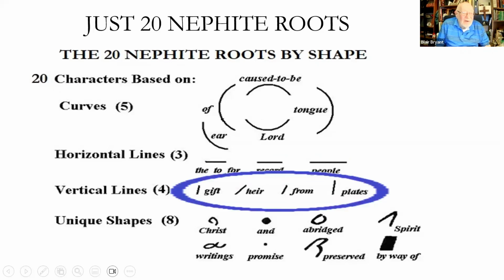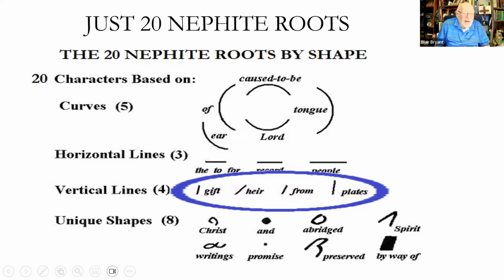Now, I've got some more vertical lines. Again, some of these are difficult to separate from one another, but we've got a single vertical line, which we have found now is gift. Then there's one that's highly angled that represents the bone in a piece of flesh.